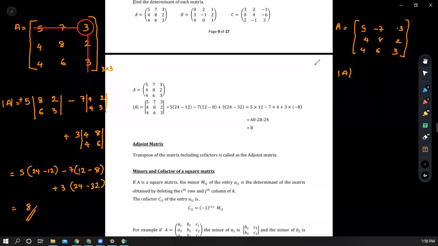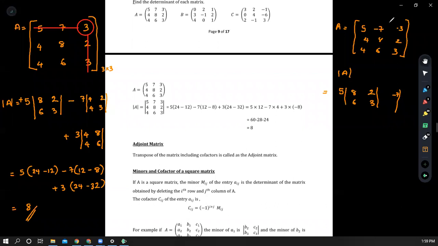Therefore, using the same concept, the first value is taken as 5. Then cutting down the row and column, we can write down the values as 8, 2, 6, and 3. Then we select this value, -7.